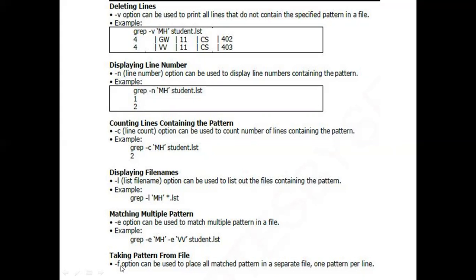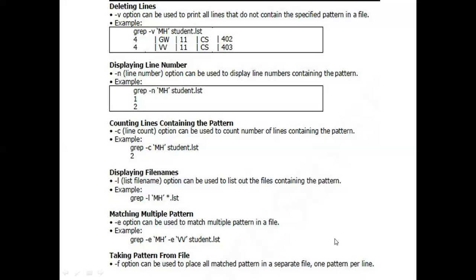So the next option is -f, taking patterns from a file. In the above example, we were searching for two patterns in this single file. If you want to take the pattern input from a file, then you can make use of the -f option. So the -f option can be used to place all the patterns to match in a separate file, one pattern per line.